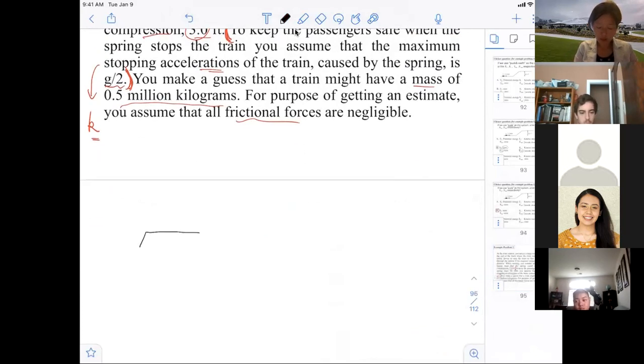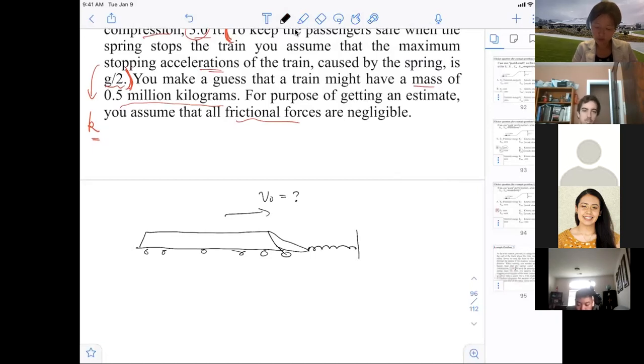Let's draw a train, coming in with some velocity. And you need the spring to stop the train. So this is before, this is initial. It just starts to touch the spring, but it's not stopped yet.